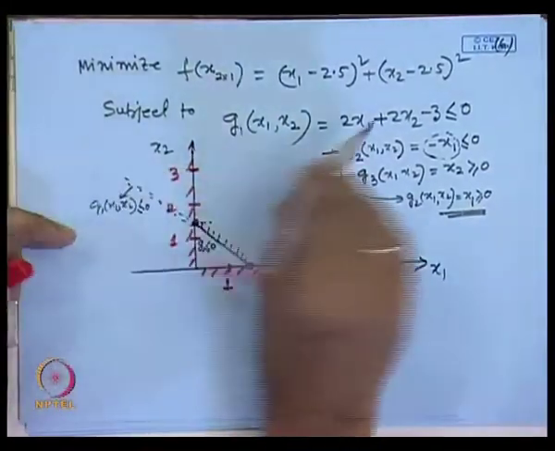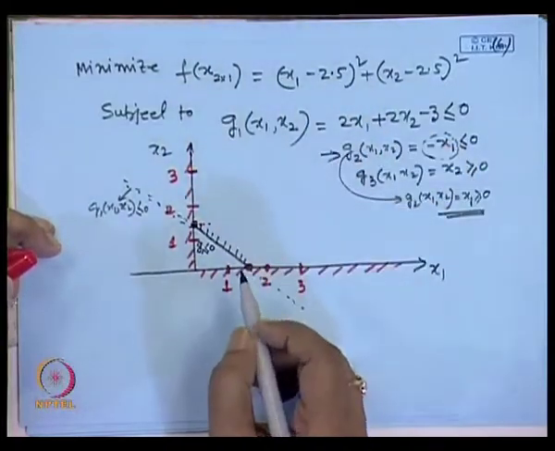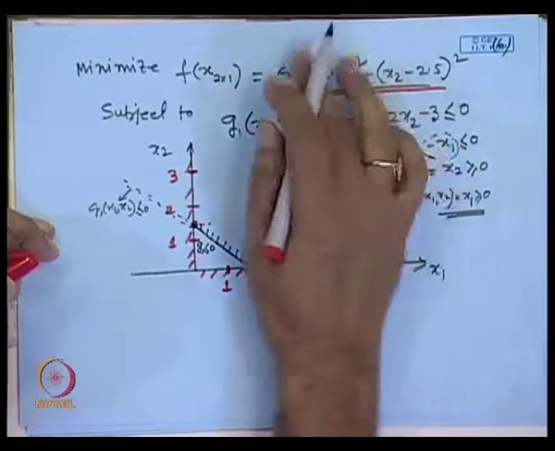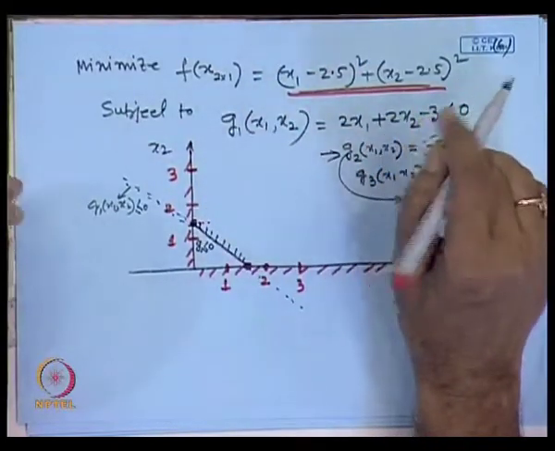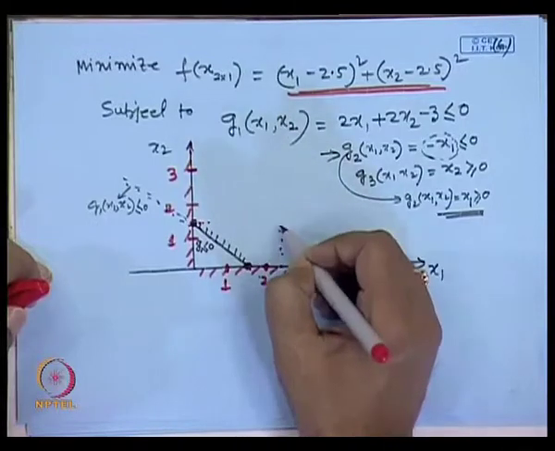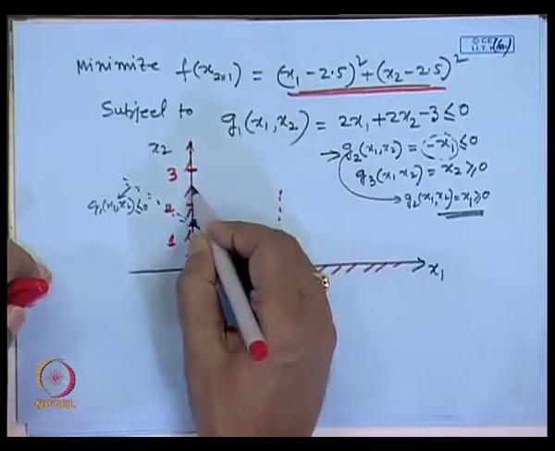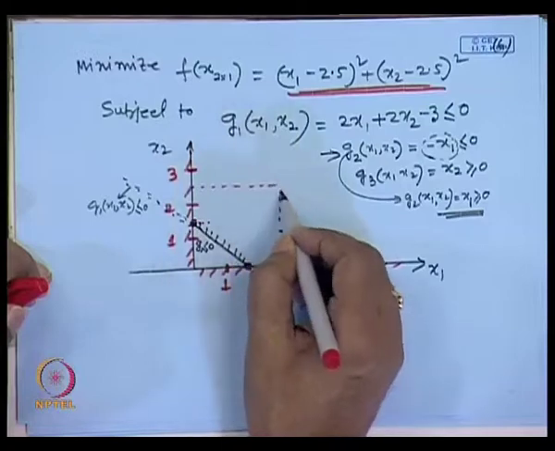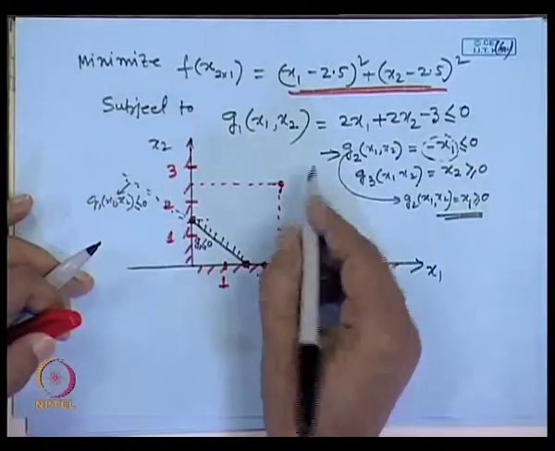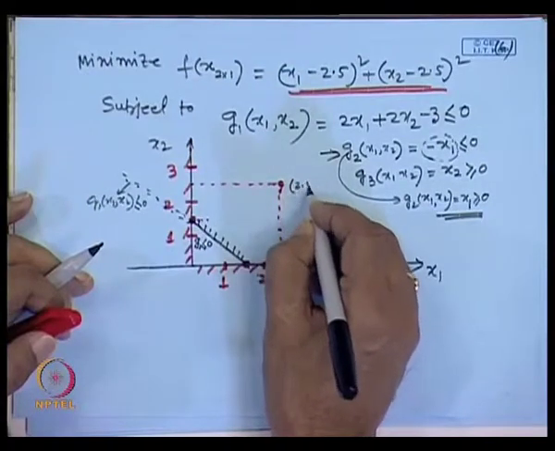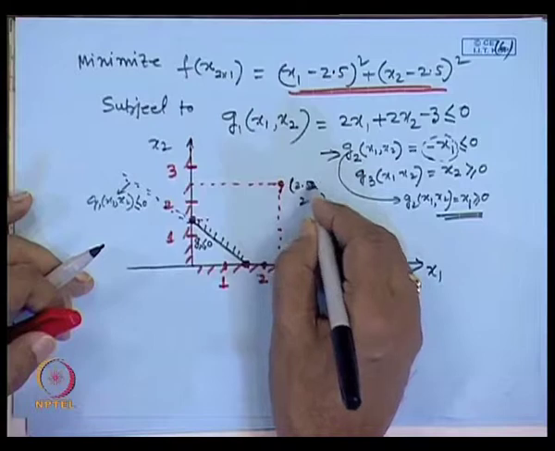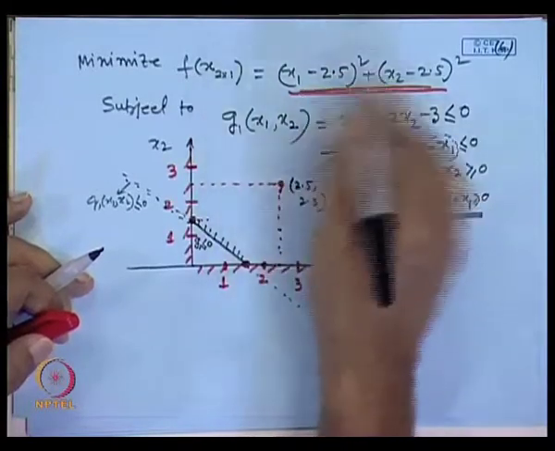Now, what is our problem? Our problem is to minimize that one. If you see this, it is nothing but the equation of a circle whose center is 2.5 comma 2.5. This is our center of the circle.